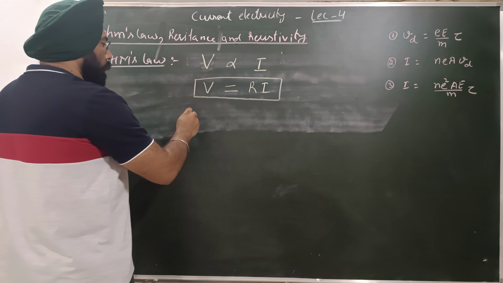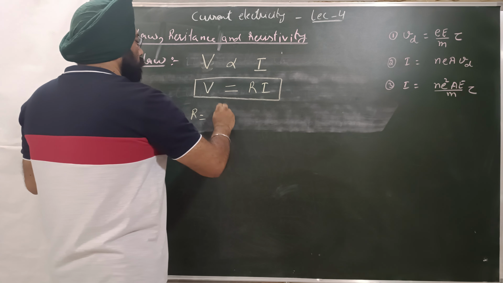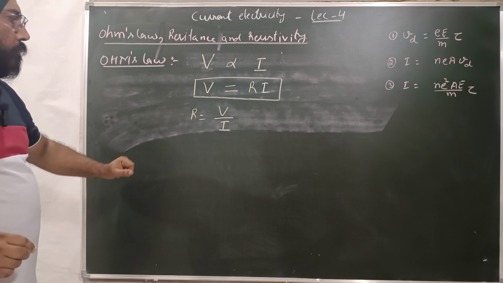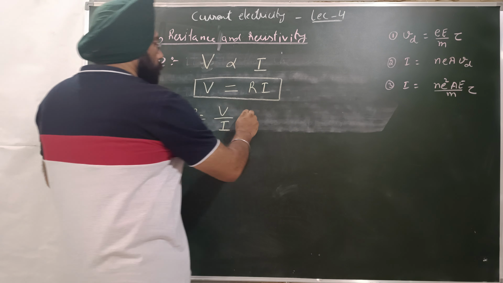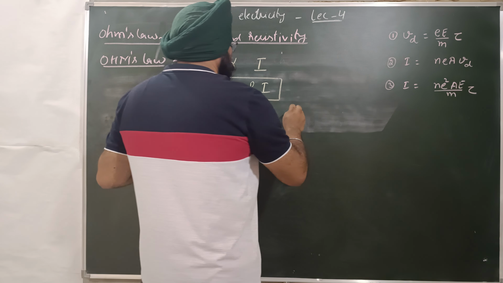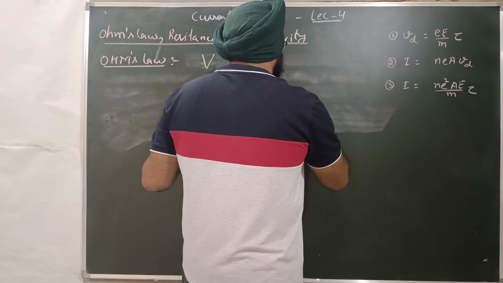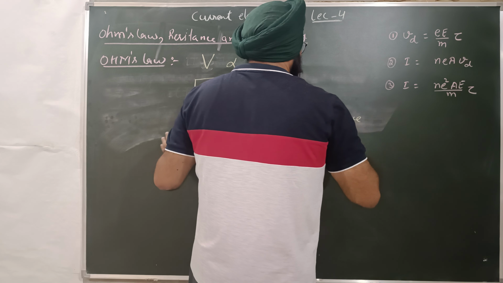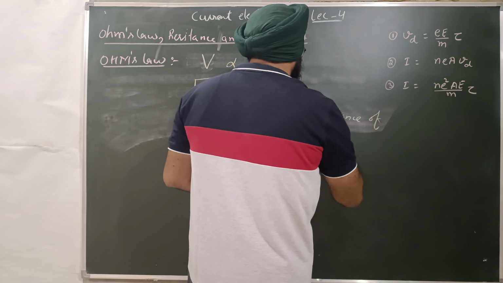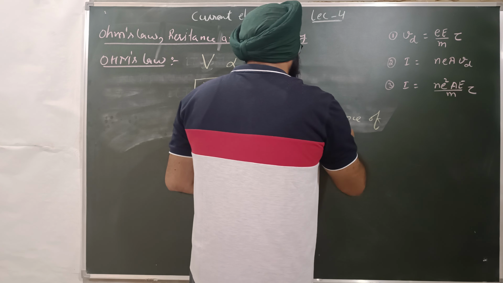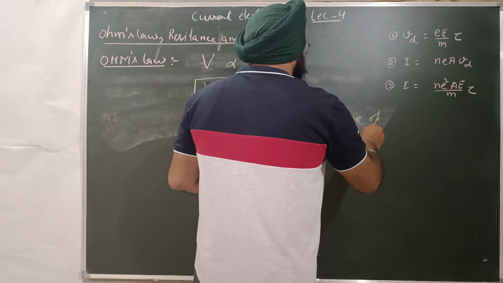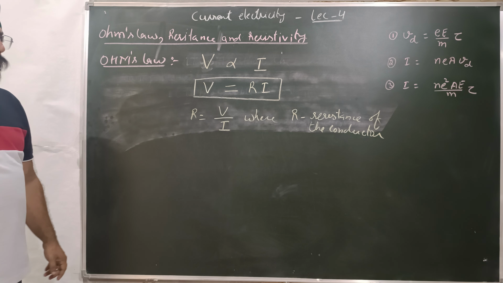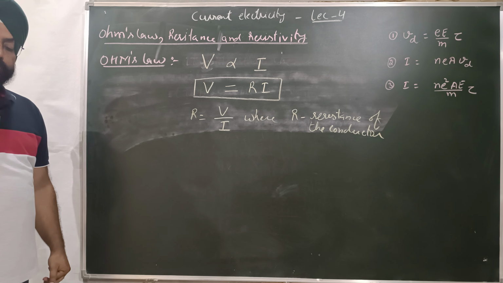So from here I will get R is equal to V over I. So this R is called the resistance of the conductor. R is equal to V over I.